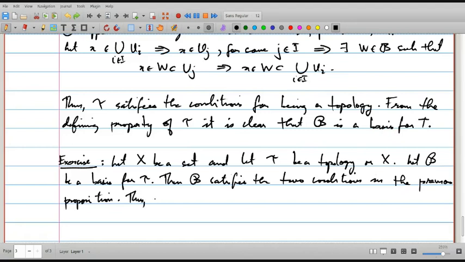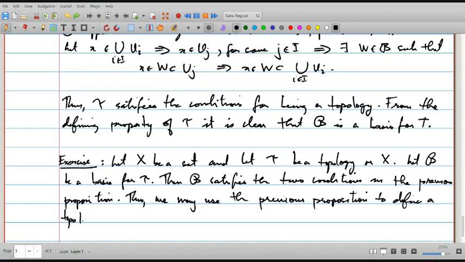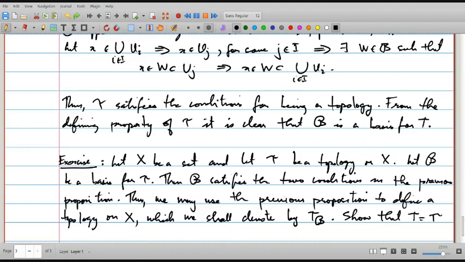Thus, we may use the previous proposition to define a topology on X, which we shall denote by tau sub B. And as expected, show that tau is equal to tau sub B.